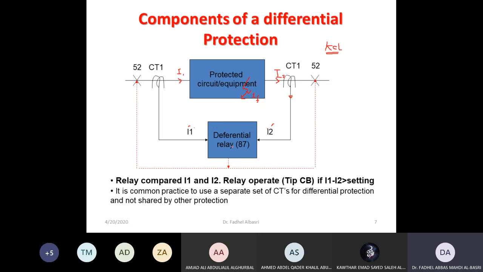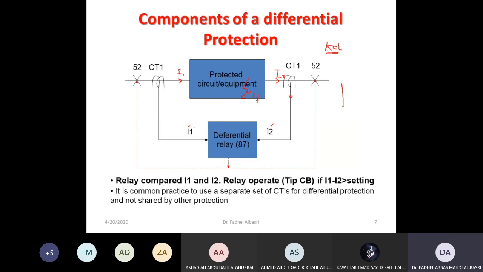Because of the difference in current, the relay will send a trip signal to the two circuit breakers at the two sides of the protected equipment. In this case, it's the KCL principle. I just add or subtract currents to check if the difference is 0 or higher than 0.